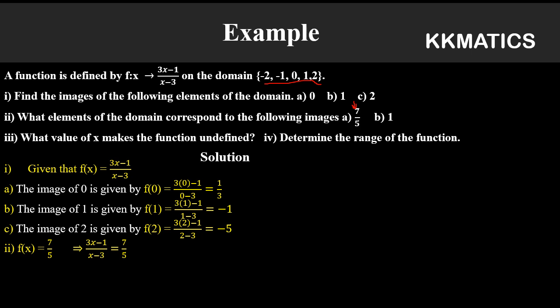Now that is it. So 7 out of 5. So you see this whole expression here as we equate it to 7 out of 5, and so this is what we have. The next thing we have to do is to cross multiply and make x the subject, to find x, the variable x.